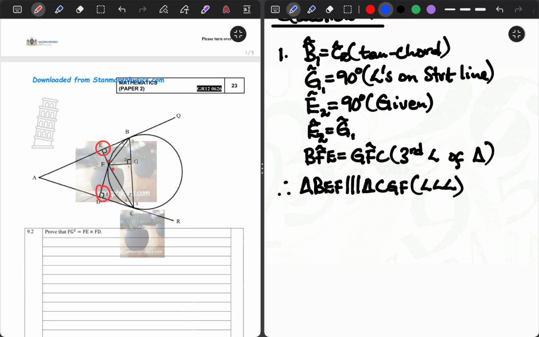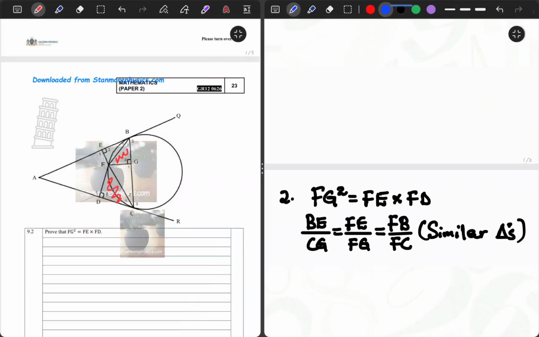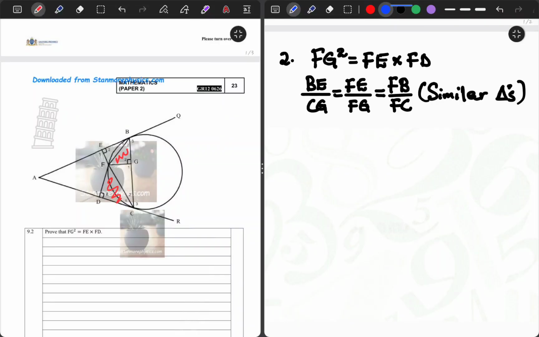Will that help me? I don't think so. So how about I prove the similarity of this triangle? If I prove the similar triangles there, let me see what that will help me.